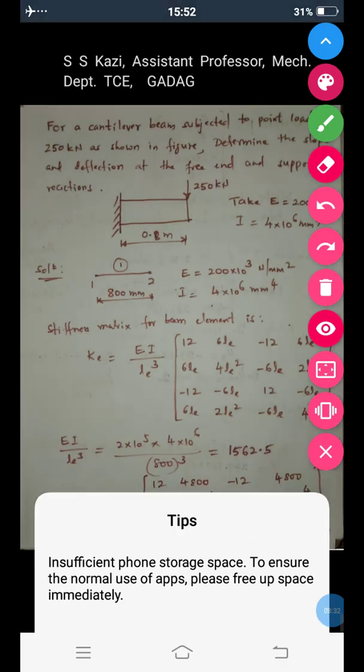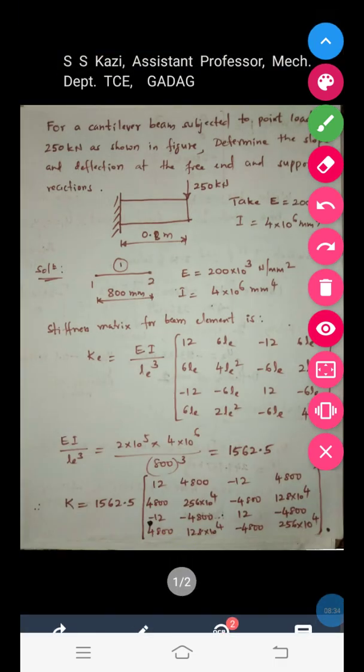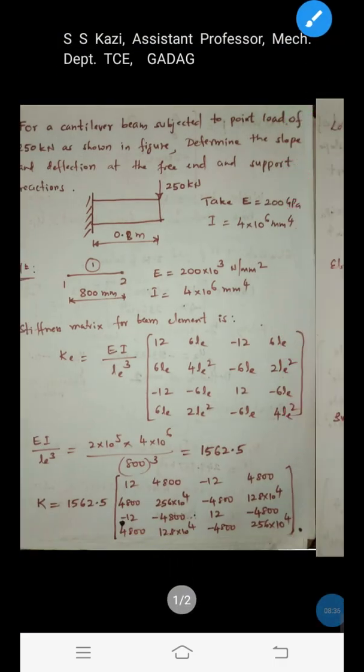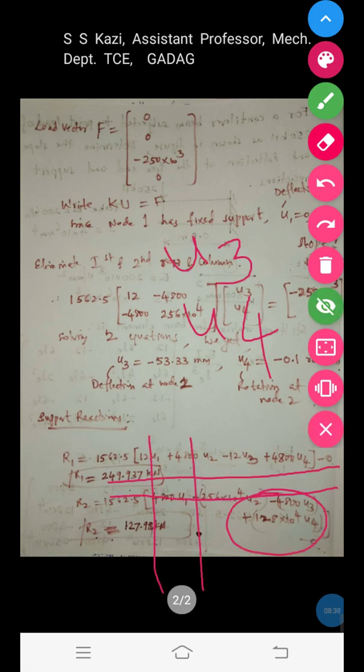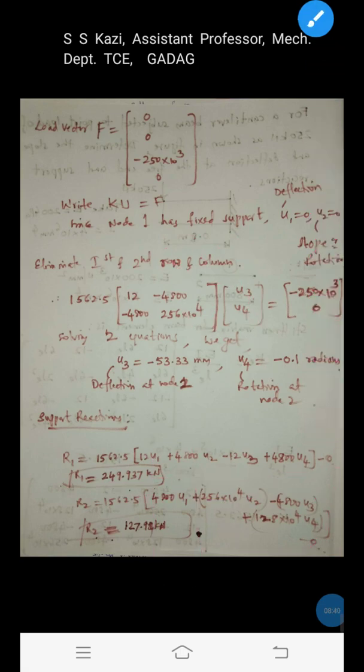In the next page I wrote, you can observe here the remaining 4 terms. If you write Ku is equal to F, that K matrix in the previous page, into U1, U2, U3, U4 is equal to F1, F2, F3, F4. Since node 1 has fixed support, deflection U1 is 0 and rotation U2 is 0 at node 1.